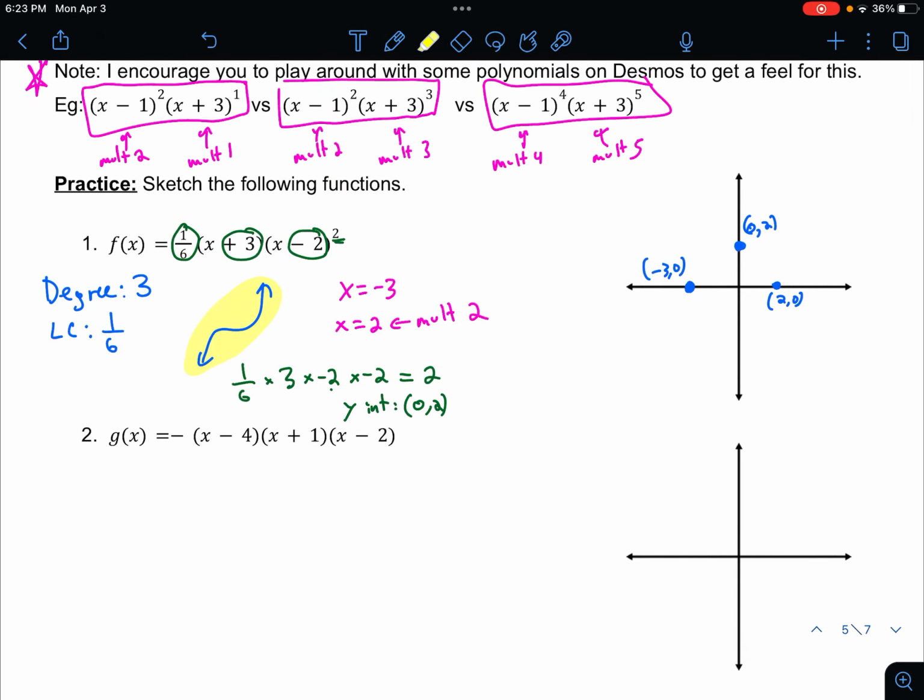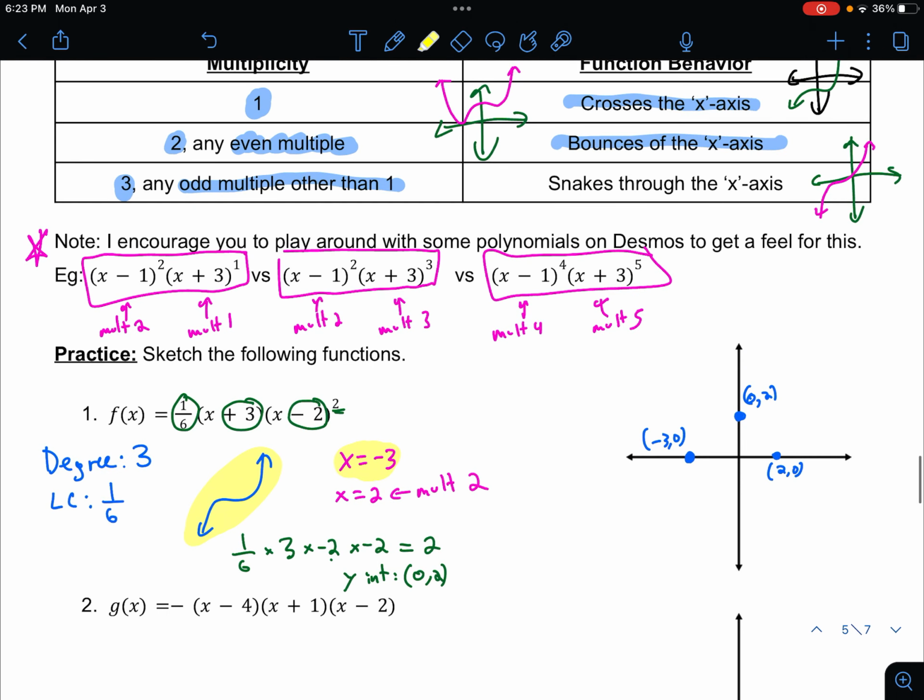It has to start with negative end behavior and end with positive end behavior. We have to go through the point x equals -3 because it has a multiplicity of 1. We have to bounce off the point x equals 2, because it is an even multiple. And we also have to go through this y-intercept here.